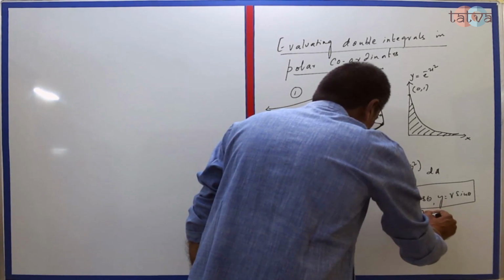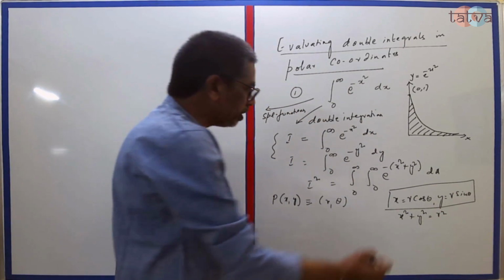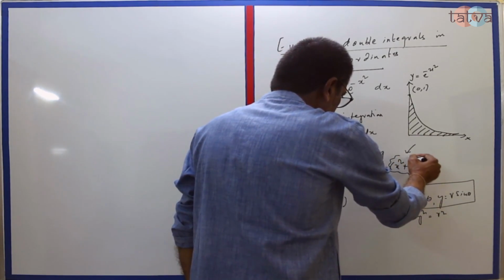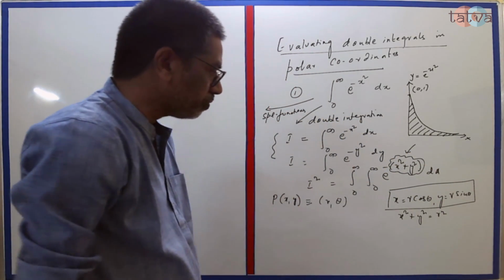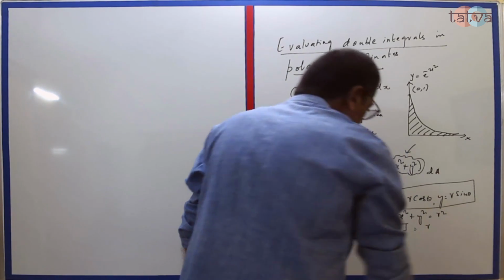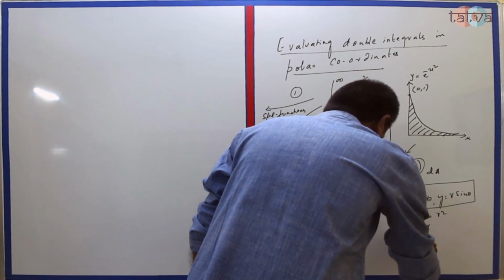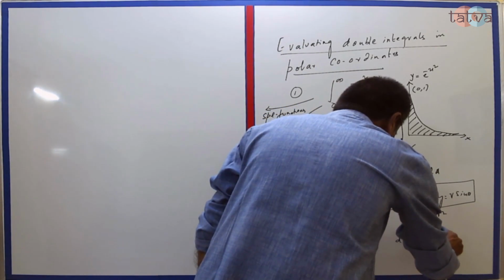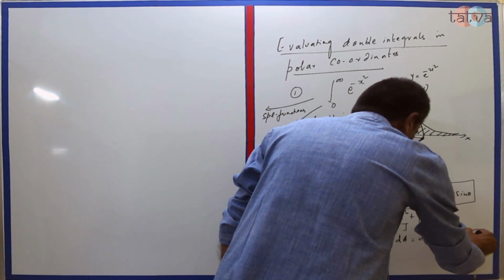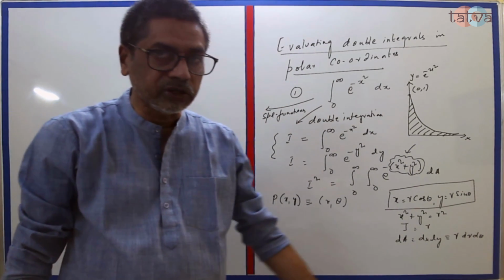Squaring and adding these two will make x square plus y square equal to r square. And you can see there's an immediate gain. This part of the function becomes r square. And the Jacobian of the transformation is r, which means dA, which is dx dy, will be Jacobian times dr d theta. Please refer to my presentation.